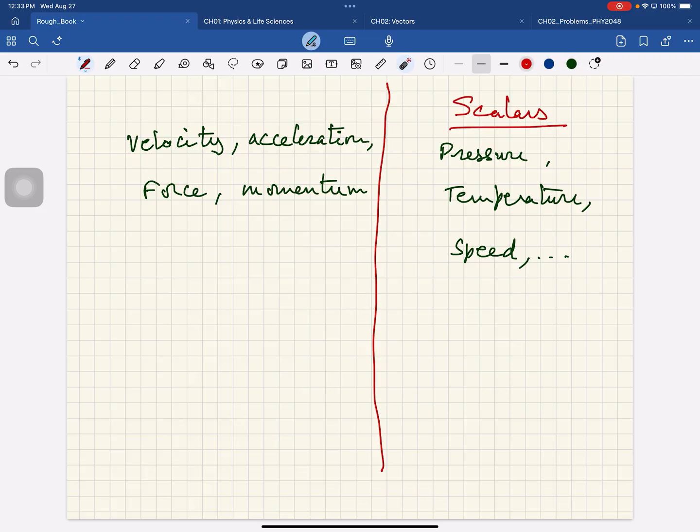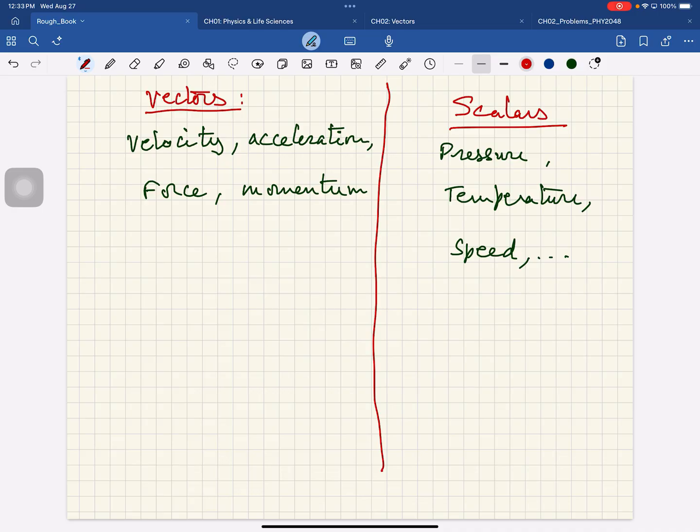All these quantities have magnitude and direction, so you need more than one number to specify them. These quantities are represented by vectors. How many numbers do you need to specify them?